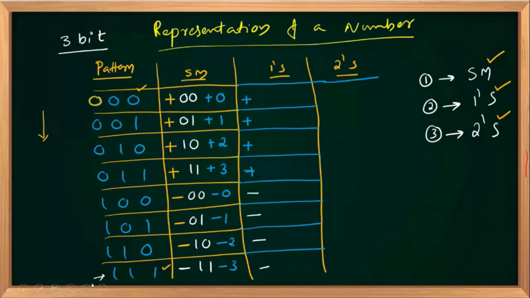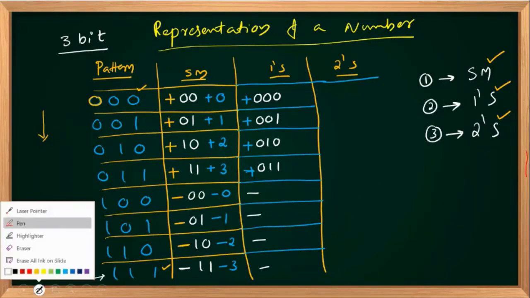If the number is positive, the magnitude is evaluated using all available digits. Here it is 3. The entire digits represent the magnitude: 000, 001, 010, 011.